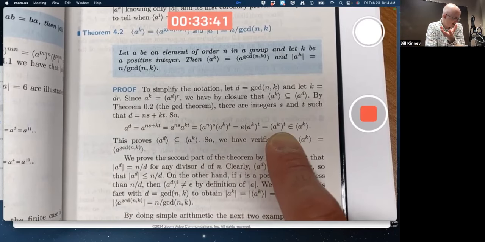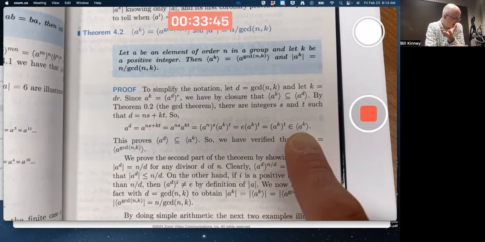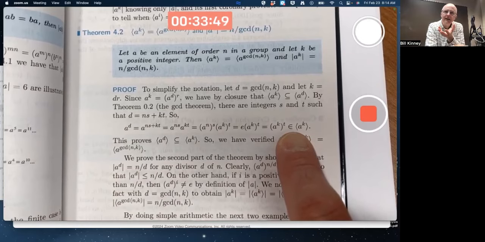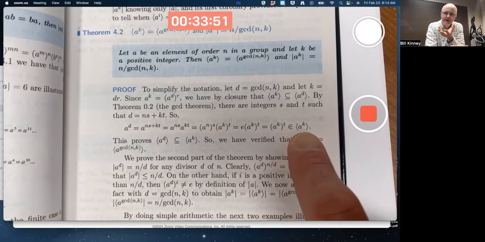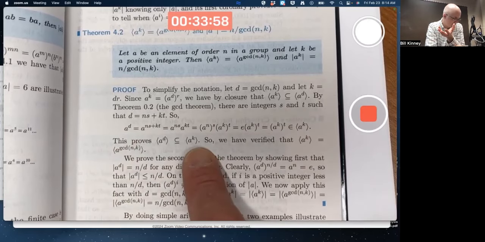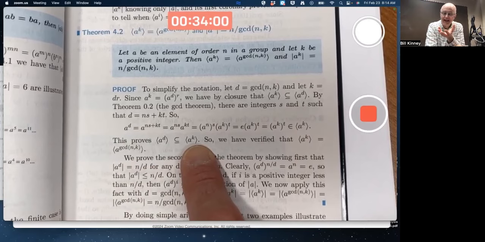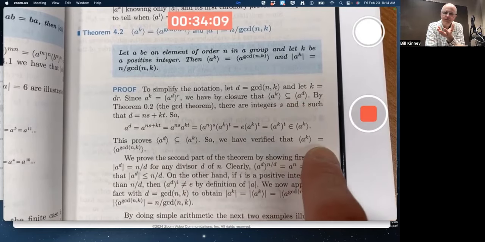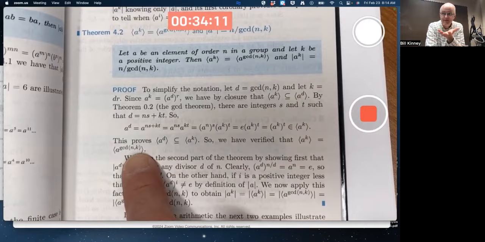To simplify to this, which is a power of A to the K. We have proved A to the D is a power of A to the K. It's an element of the cyclic subgroup generated by A to the K. And therefore, any power of A to the D is also in the cyclic subgroup generated by A to the K by closure of this. Both inclusions imply equality. And the GCD there, that's D.